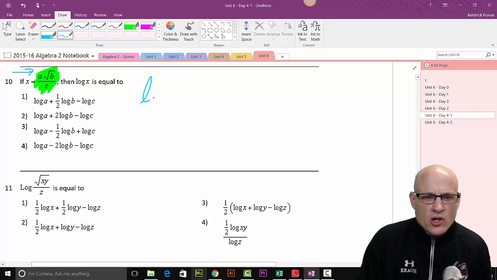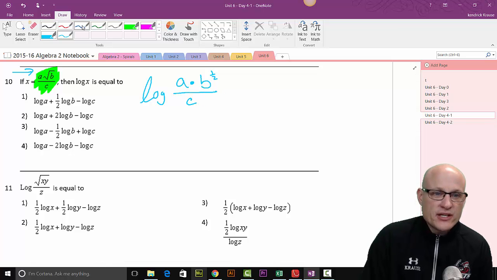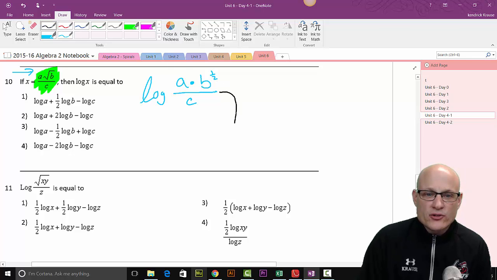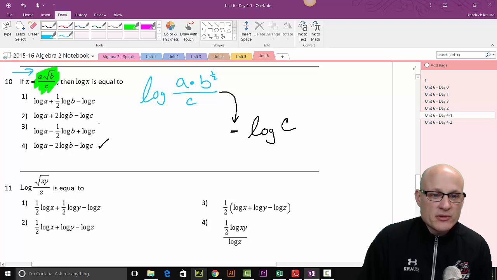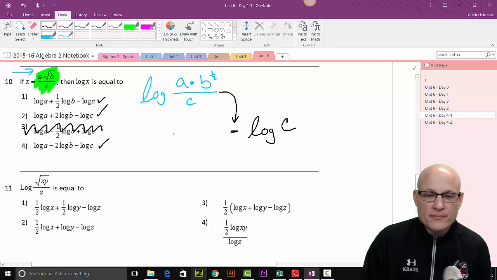So what I'm doing is the log of x, but x is defined as a times, now I know I'm going to have to do this anyway, so I might as well write b to the 1/2 power all over c. Now, let's take care of this first. This thing turns into subtraction. So the only thing that's being subtracted is the log of c. So that goes to the right side. So I'm going to guess it has to be this one, or this one, but not this one.